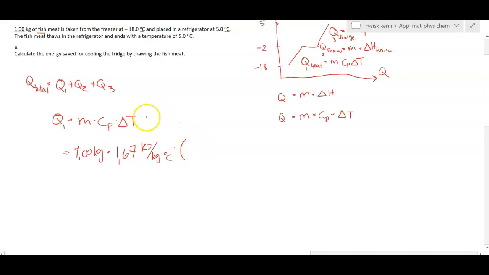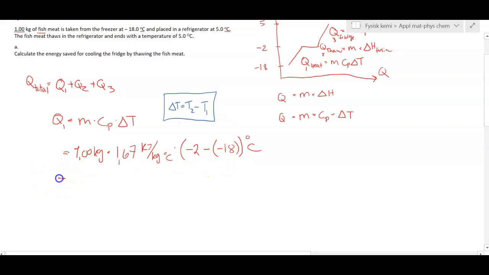So delta T here, maybe we should, how could I write that? If we make a small box here, delta T equals T2 minus T1. So that means that we go from the end temperature minus the start temperature. So the end temperature is minus 2. So the delta T is minus 2 minus minus 18 degrees centigrade.